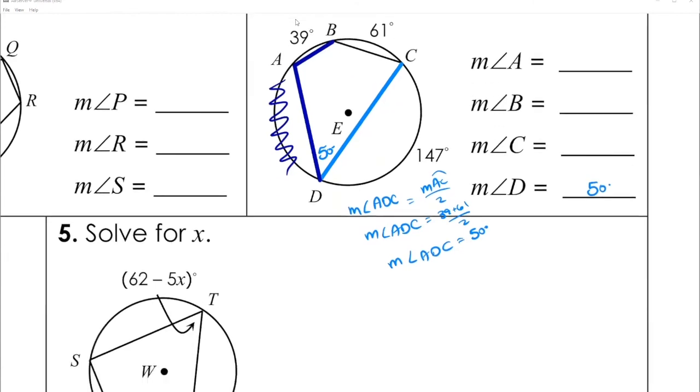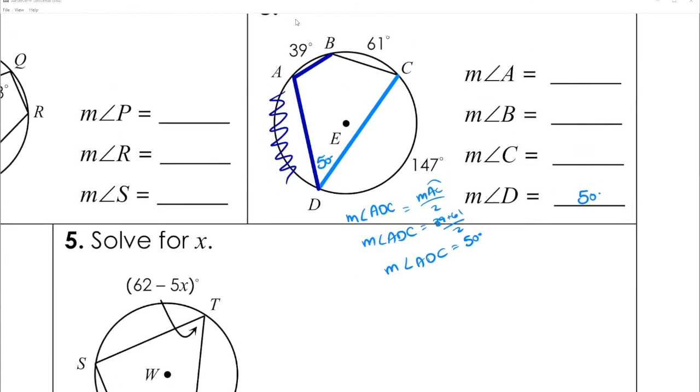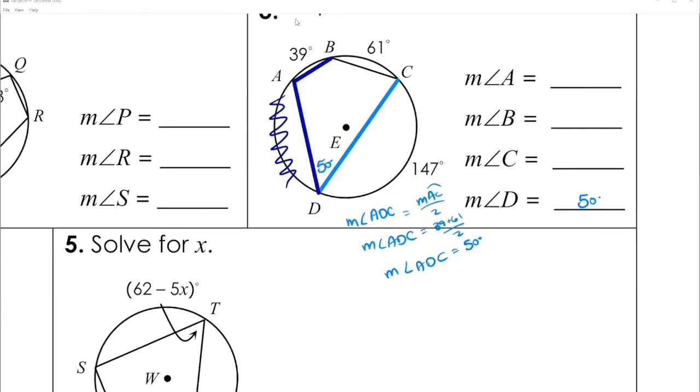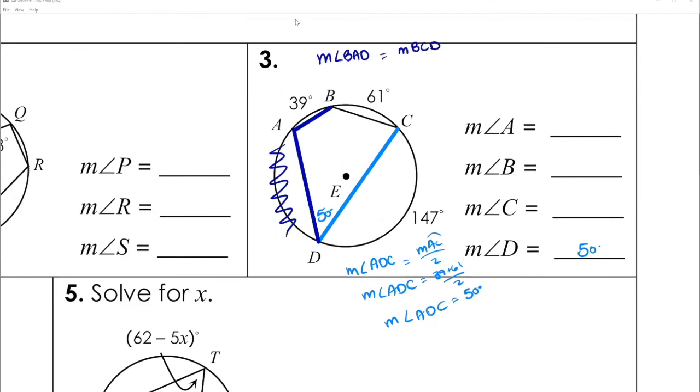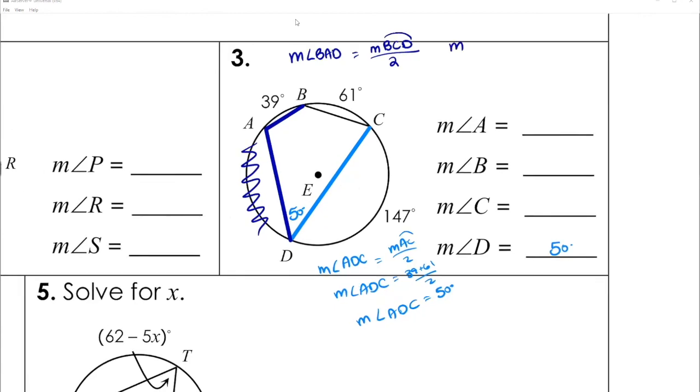So BAD is congruent or is half of arc BCD. So why did I go 3 letters for that one? Greater than 180, which makes it a major arc.